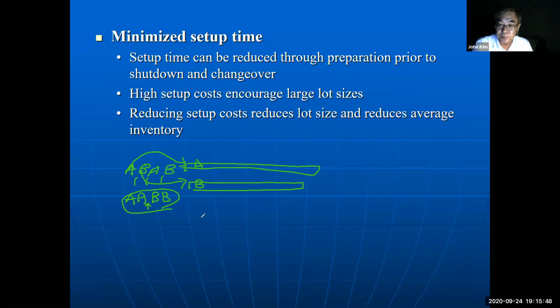Or using a cell, a better process design, where A and B share a common process, and then we send A here and B there, and then out. Like this, we can reduce or eliminate setup time.